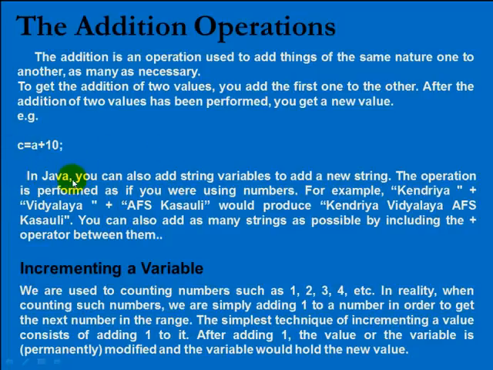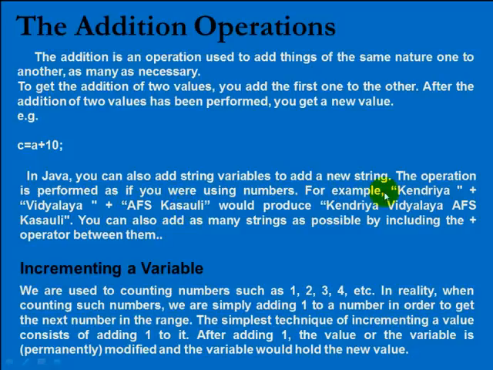In Java, you can also add string variables to get a new string. For example, we have the first string, here we have written Kendriya. Then we have a second string, Vidyalaya, and we have one more string, AFS Kasoli.